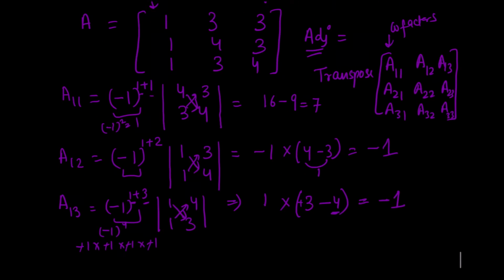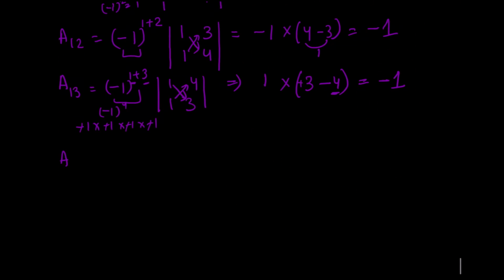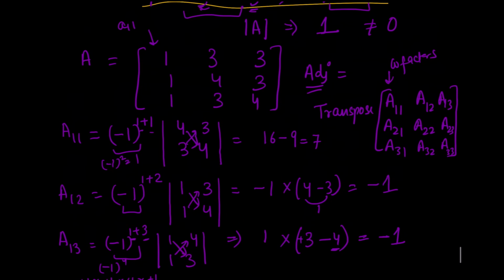Now let's find A21. So this will be minus 1 to the power 2 plus 1, and again you need to put the elements other than second row and first column. So when you remove second row and first column, it becomes 3, 3, 3 and 4.